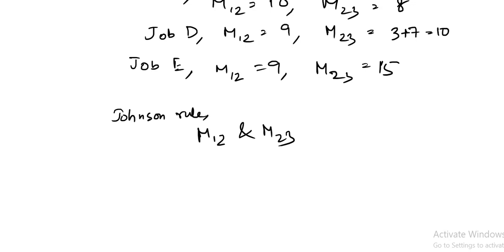If the smallest time is in M12, schedule the corresponding job as early as possible, and if the smallest time is in M23, schedule the corresponding job as late as possible. These steps are repeated until all jobs are scheduled. So what is the smallest time? The smallest time is 8 here.